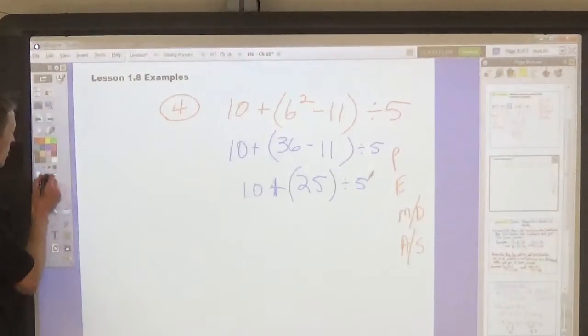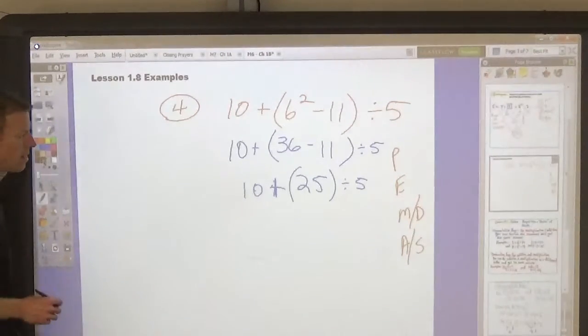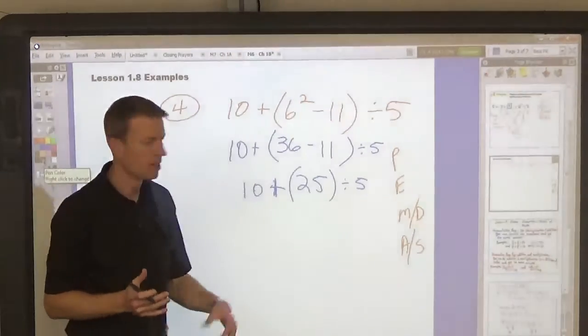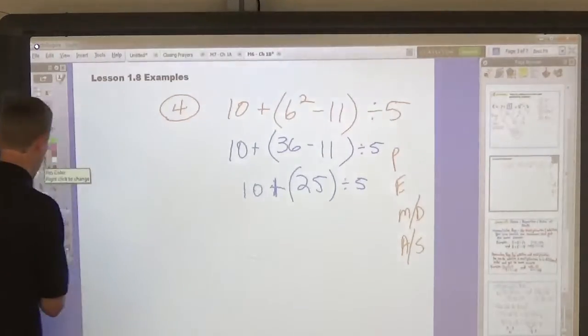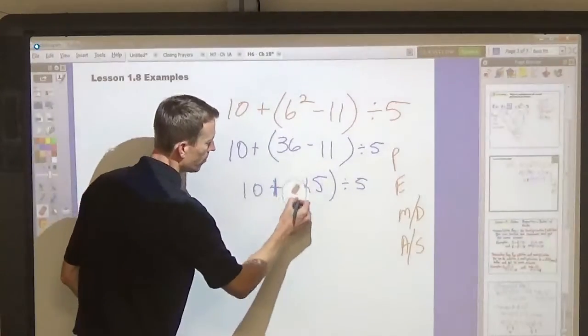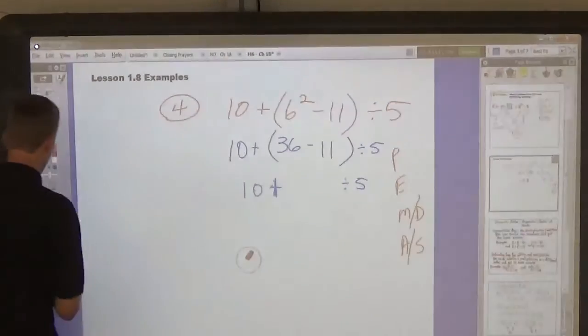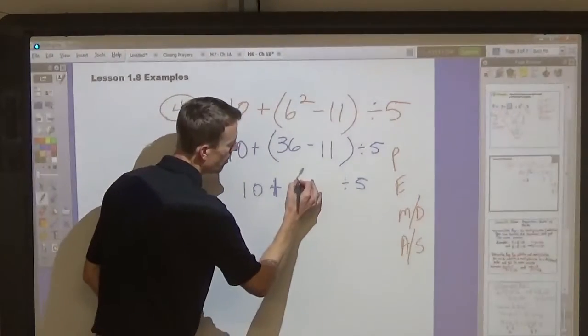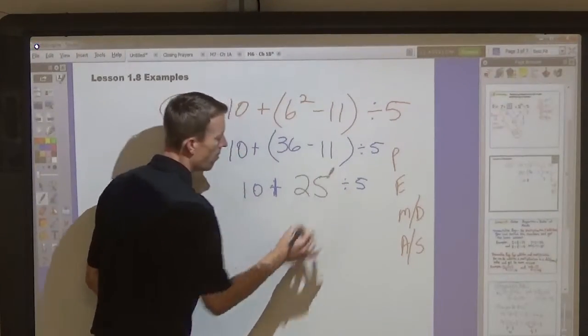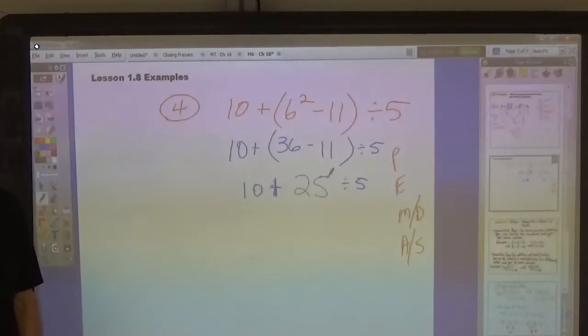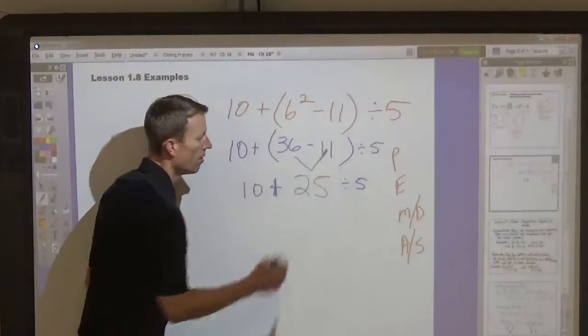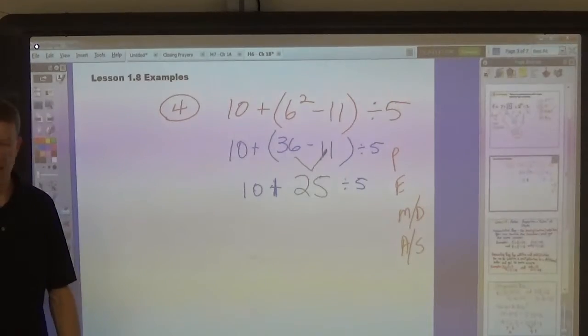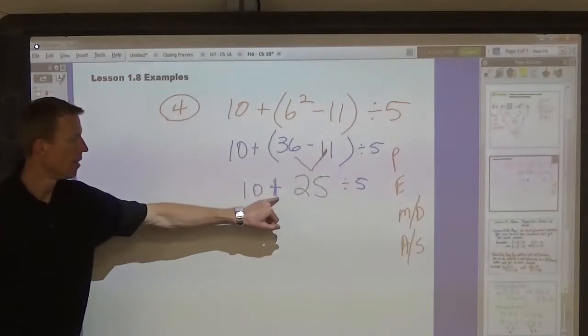Okay? So it's fine to write the parentheses there, but you really don't need them because we could find the answer without them. Don't erase them. It's okay to have them there, but they're really not necessary anymore because we found the answer inside. And we know what to do outside the parentheses.